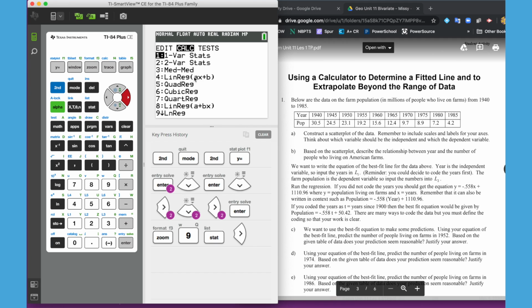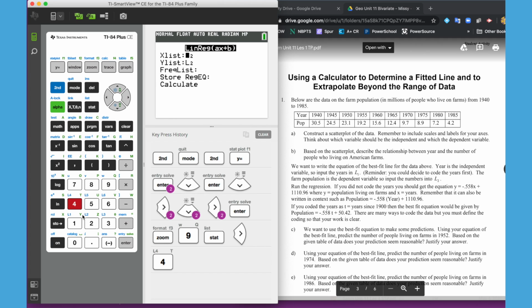If you go with number 4, it looks like what they've seen in other math classes, so that's what most of us stick with. Our x was in L1, so we're going to pick second, number 1 for L1. L2 is your y.